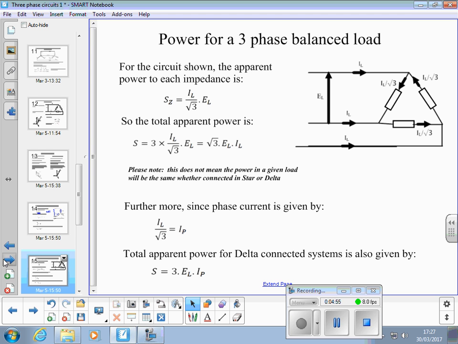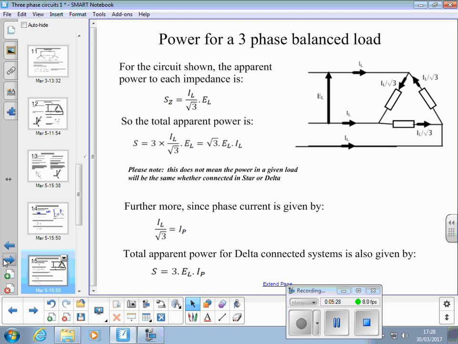We've got a standard line voltage across each of those three impedances, but the phase current, or the current through each of those impedances, is the line current divided by √3. So we're using the I times V version of calculating power, dividing the line current by √3 and multiplying it by EL.